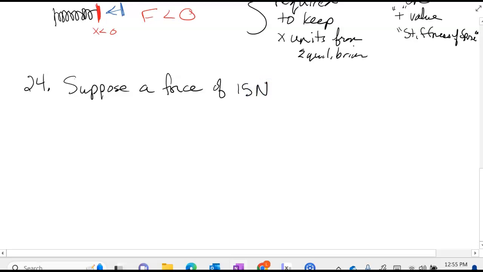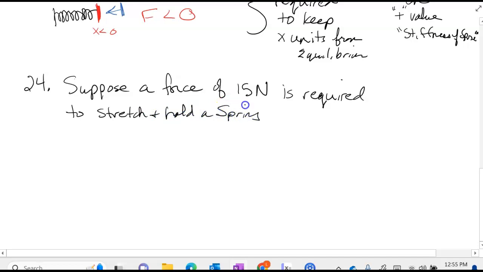Suppose a force of 15 newtons is required to stretch and hold the spring exactly 0.25 from its equilibrium meters.